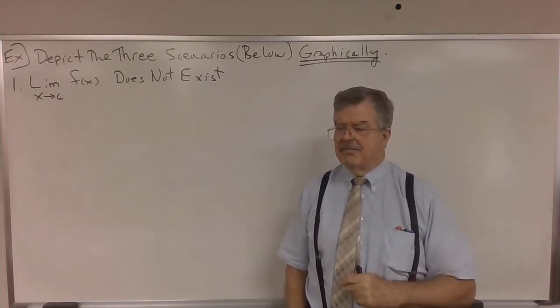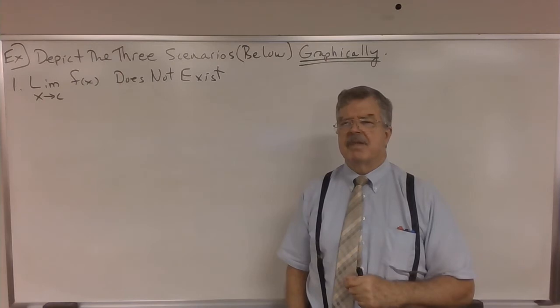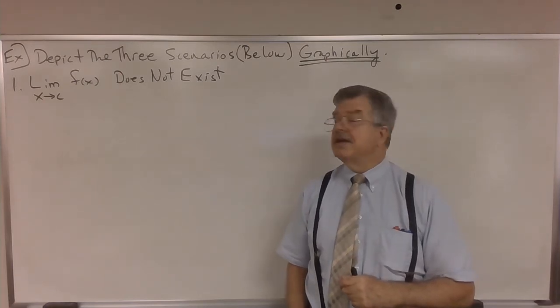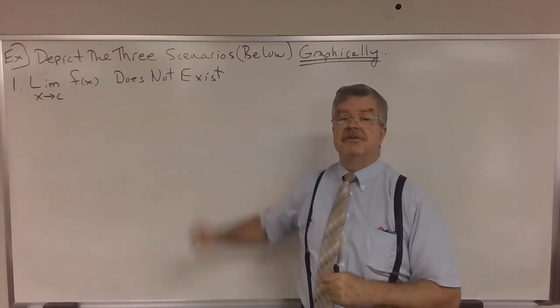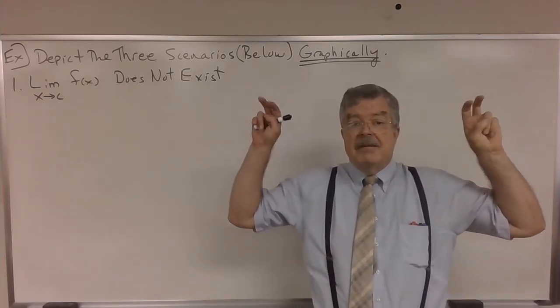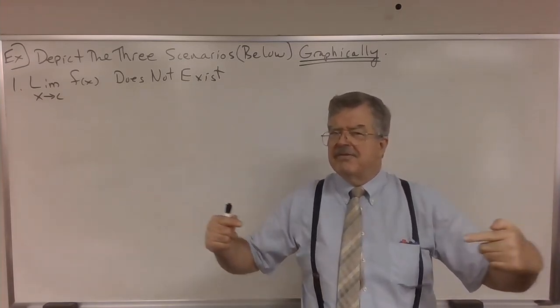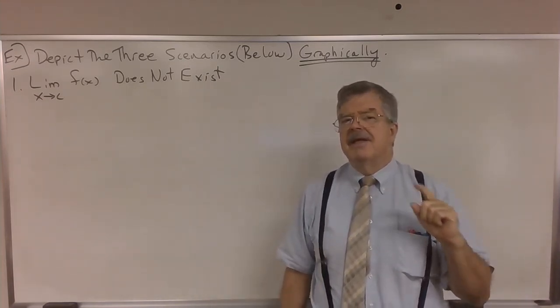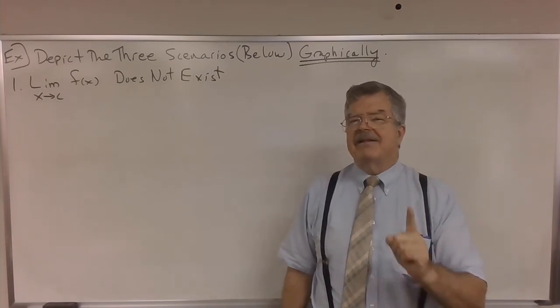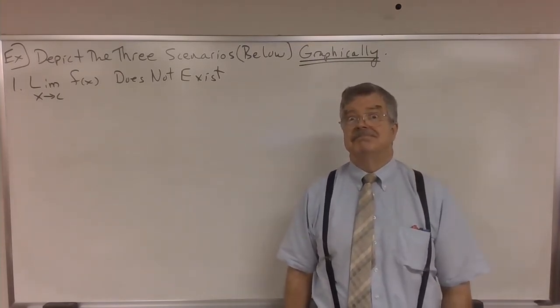And if you don't know what I'm talking about yet, let's look at it from the opposite perspective. What goes hand in hand with this limit existing? See, quote, the limit of f of x as x approaches c from either direction exists exactly when what? You got it?